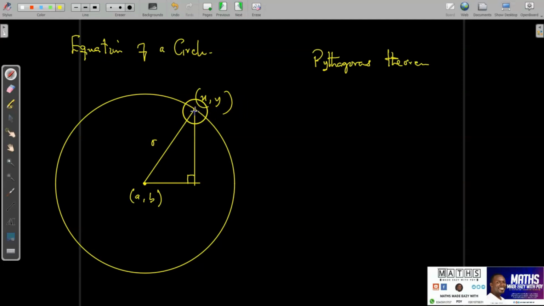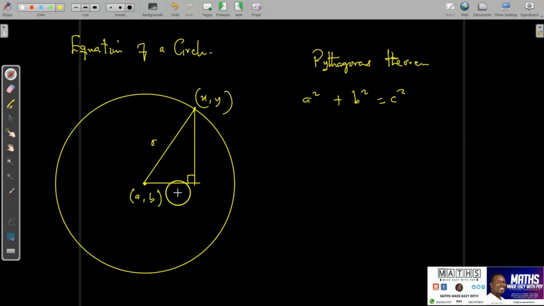It is the change in the x direction, change in the y direction, all squared, equal to the hypotenuse squared. Do you remember that? Which is, let's say, a squared plus b squared equal to c squared, which is actually x component, y component, all squared equal to c squared, which is the hypotenuse squared.